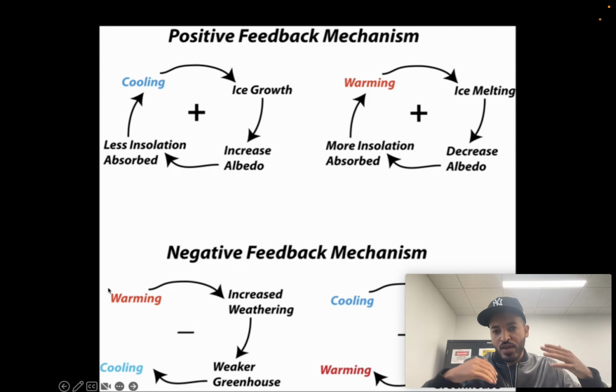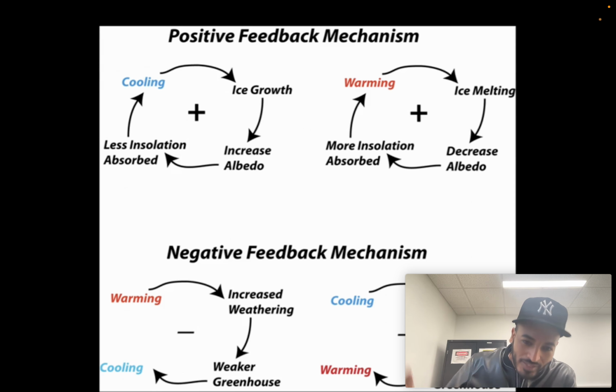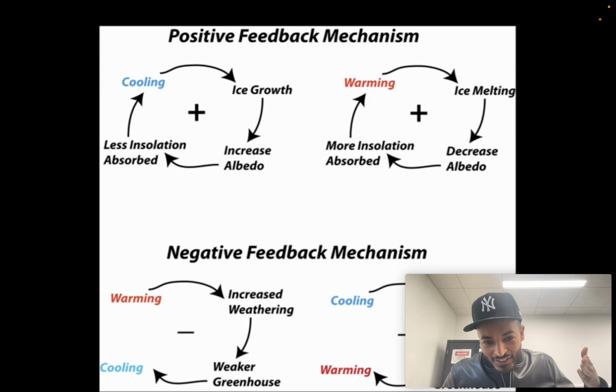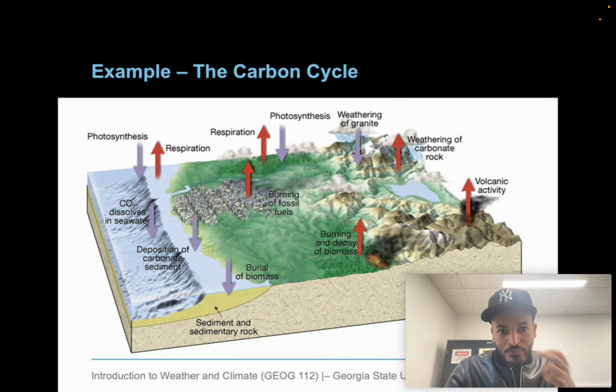For instance, when we have increased warming, and that would lead to increased weathering, right? And then more and more material will end up being buried in the deeper ocean. So that serves as a natural form of carbon sequestration, right? And then in that case, we have what we call a negative feedback loop, right?